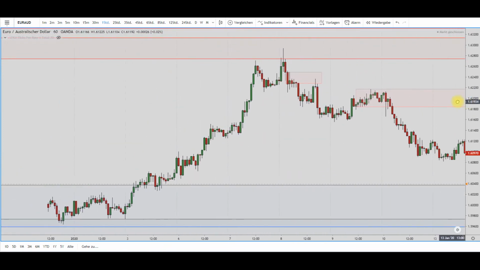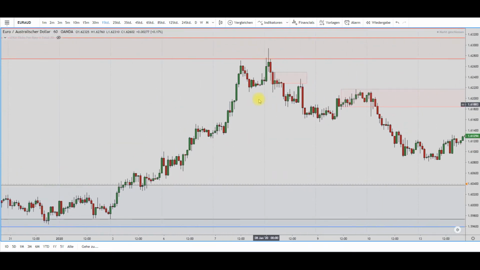If we look into the detail, bounced off, took out this demand over here, created new supply in here. Let's take this away, this one, and I just sold the pullback into this fresh supply.